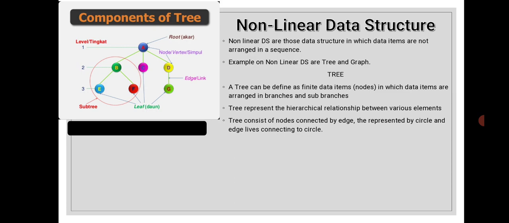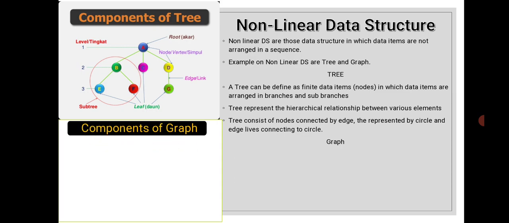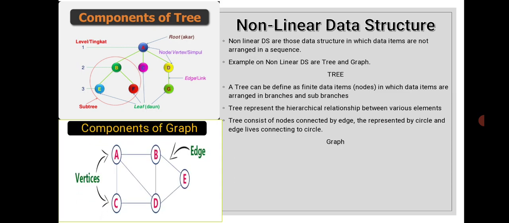After this, we'll look at the components of a graph. A graph is a collection of nodes, that is information, and connecting edges, the logical relation between nodes. You can look at this.